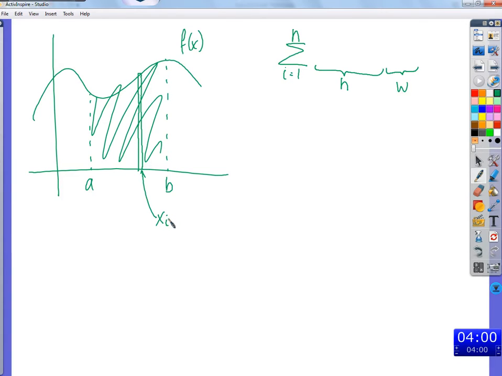The width is constant, if we let them be the same width. And for height, it would be what you plug in for the x value on the right side.